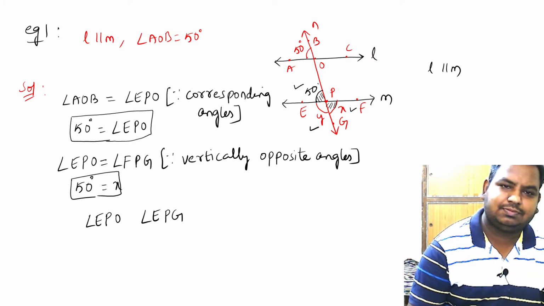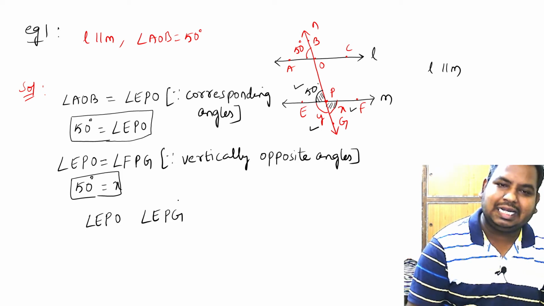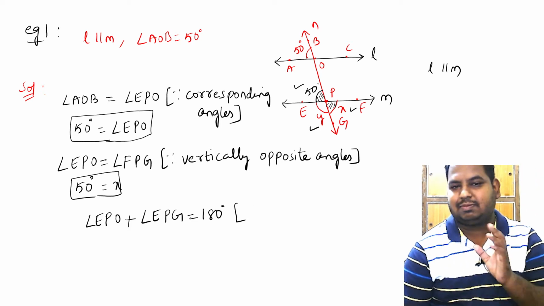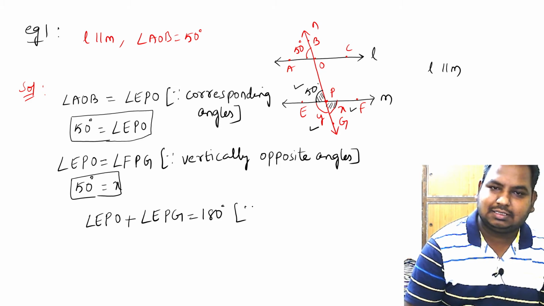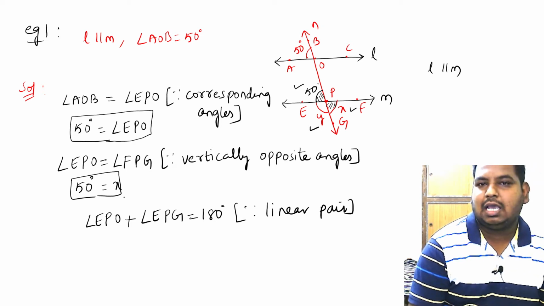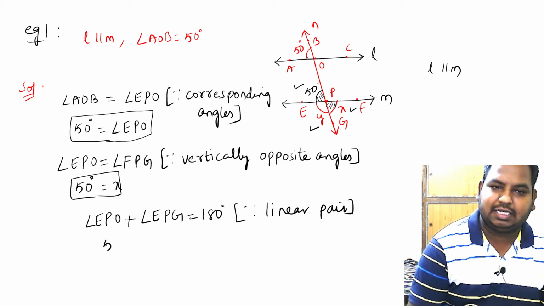So here linear pair angles are always supplementary. The reason is these two are linear pair of angles. Okay, angle EPO is 50 degrees plus angle EPG equals 180 degrees.